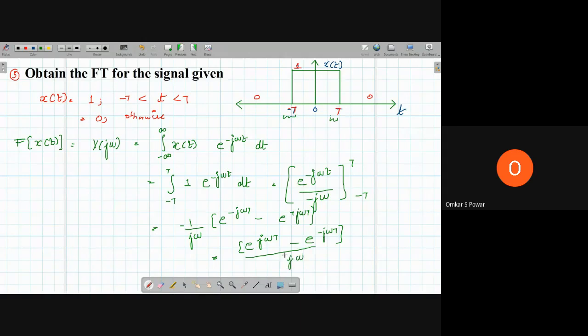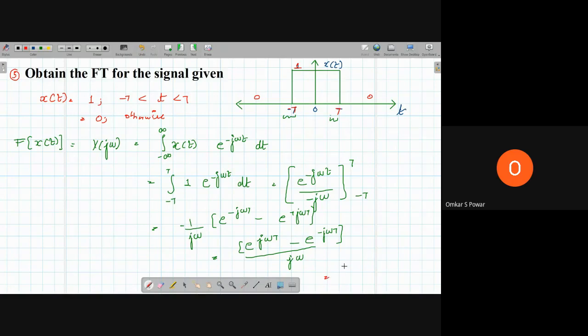The moment you see this term, what should you express? e power j theta minus e power minus j theta by 2j, that you can express in terms of sine. So what you have to do? Multiply by 2 and divide by 2.